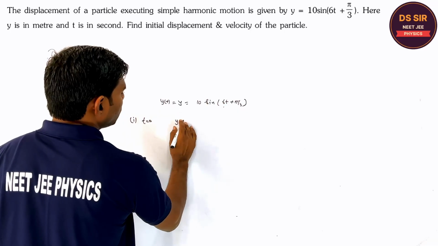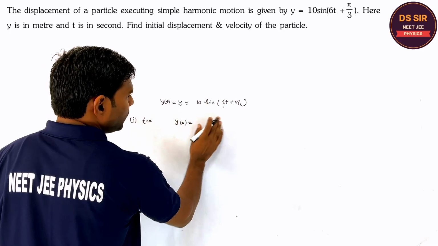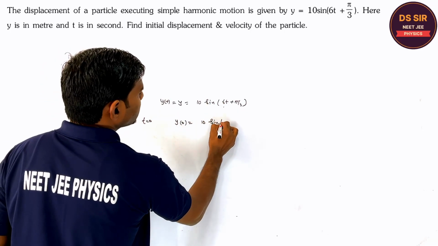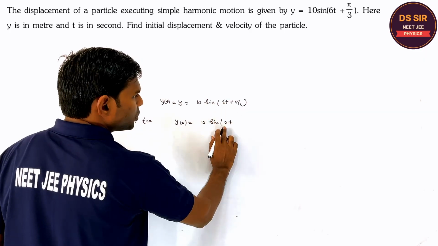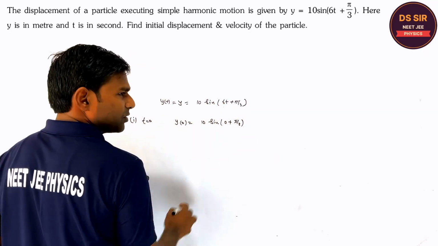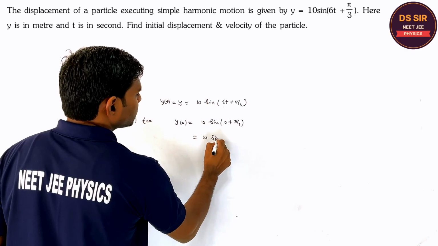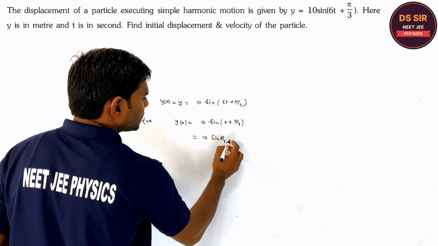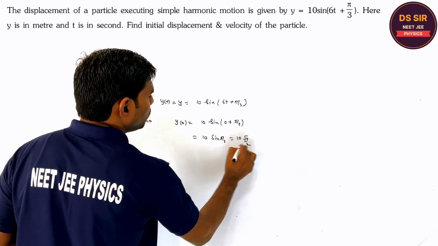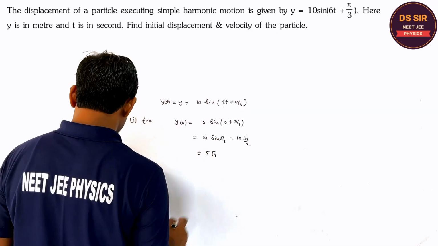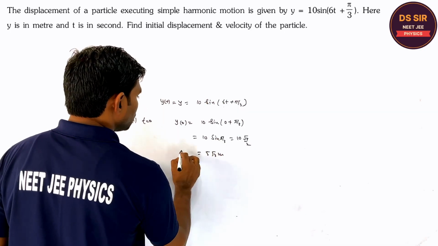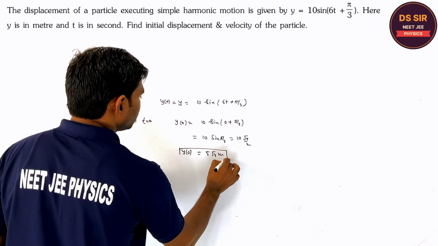If I put t is equal to 0 over here, we can find the initial displacement. So this is 10 sin pi by 3, which is 10 root 3 by 2, equal to 5 root 3 meter. So this is the initial displacement at t is equal to 0.